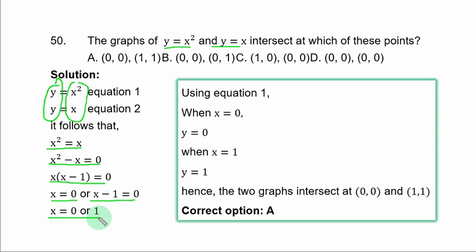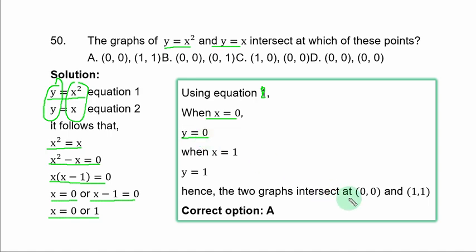So we also get the y values. Use equation 2 to do that easily. Now, you can use any equation, let's say equation 2 or equation 1. Equation 1 is there. Now, when s is equal to 0, this is equation 1. 0 squared is 0, so it means y is equal to 0.